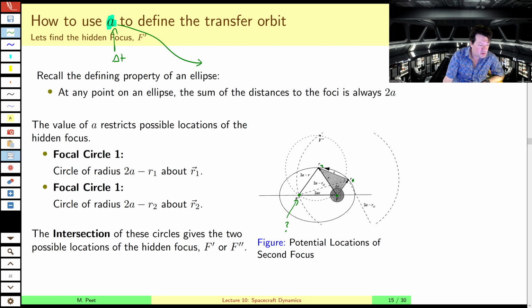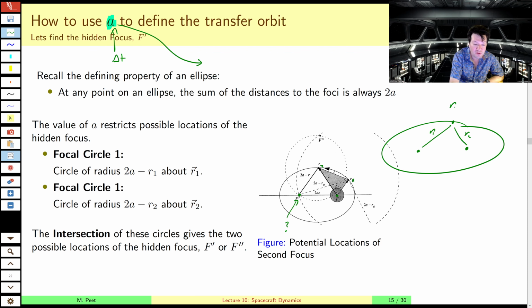So how do we do that? We use this very basic property of an ellipse: for any point on the ellipse, the sum of the distances to the foci, so R1 and R2, equals 2a.